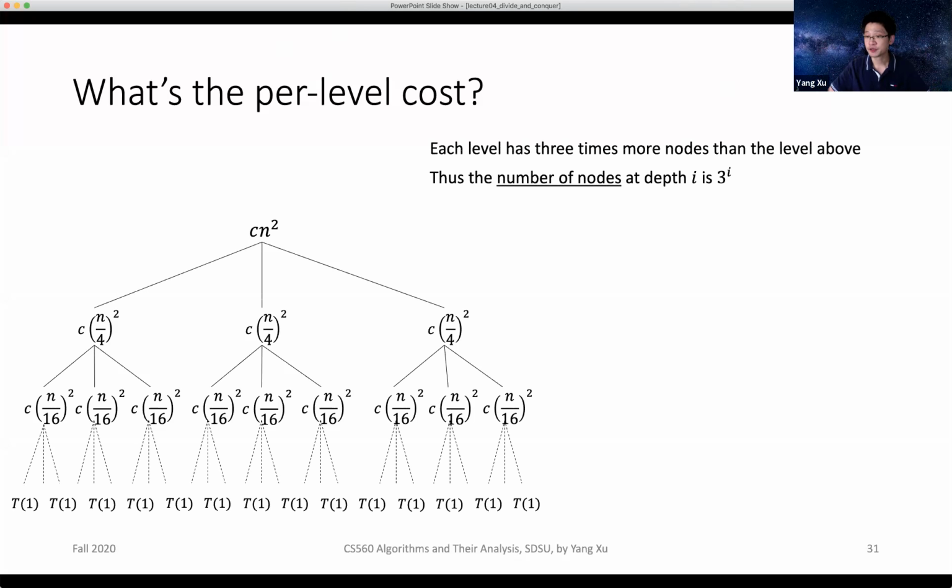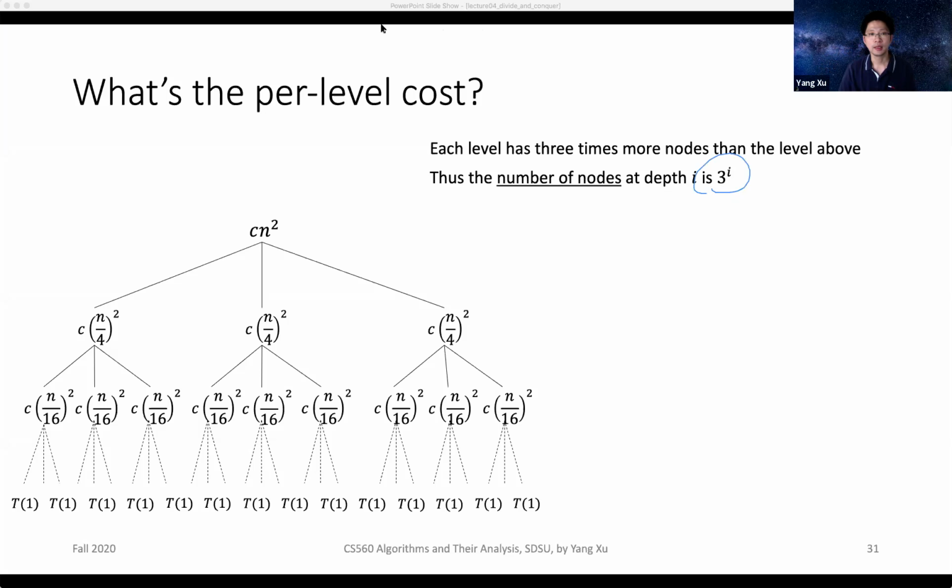For example, for the first level, depth 0, i is 0, so the root node only has 1 node. For the level below, i equals 1, we have 3 nodes. So the number of nodes at depth i is 3 to the power of i.